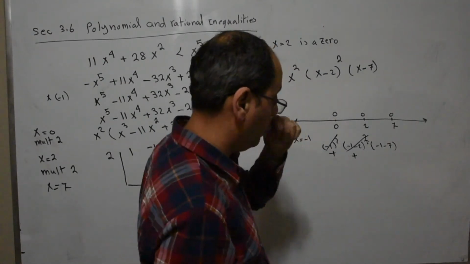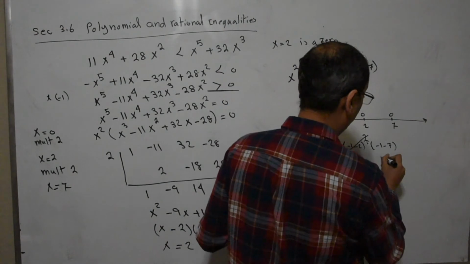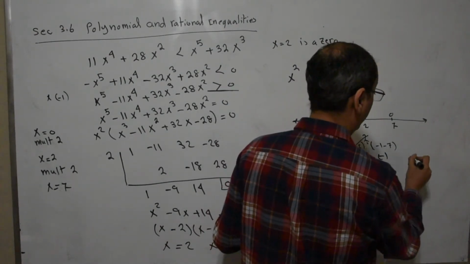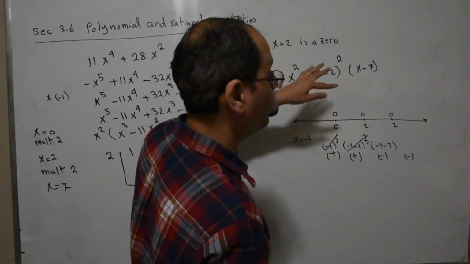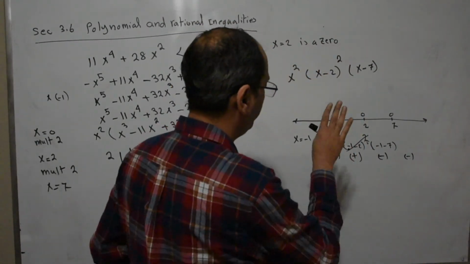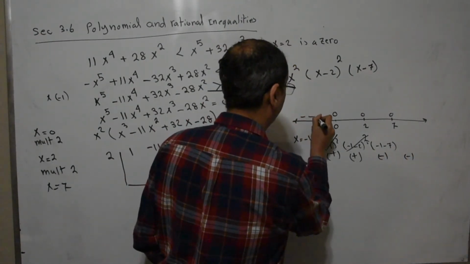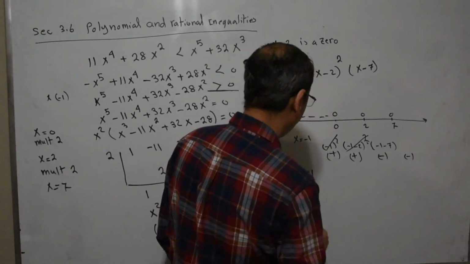So I worry about this one. Negative 1 minus 7 is negative 8, which is negative. So positive times negative is negative. Again, you don't have to worry about any squared factors because they must be positive, so you don't have to compute them. So I got negative here. From 0 to 2, I pick x equals 1.